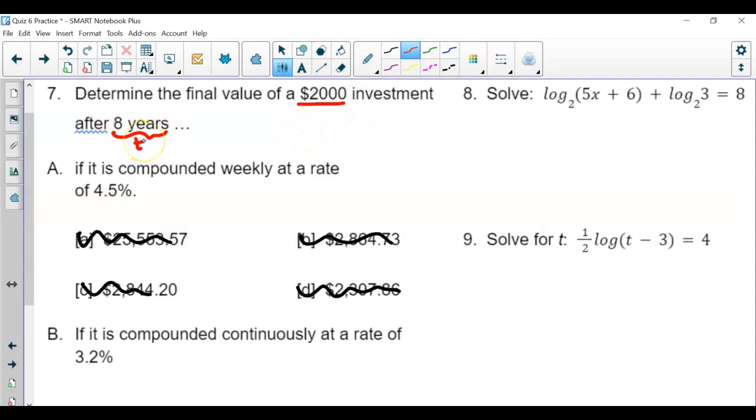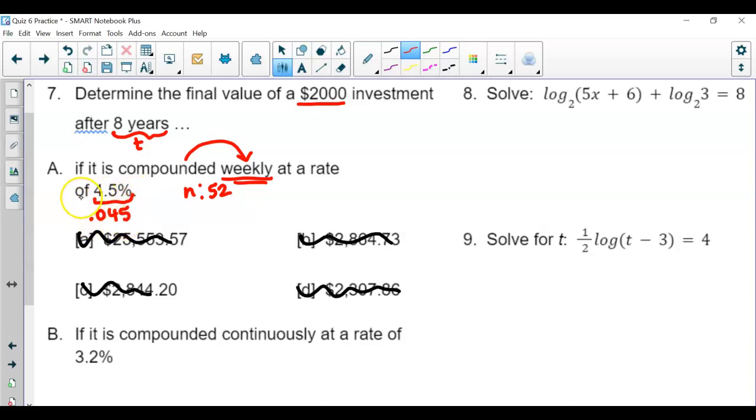So that's our time. Now, if it's compounded weekly, so notice how we're compounding weekly, which means this is a value for n, which weekly is 52 because there's 52 weeks in the year. At our rate of 4.5% or 0.045, right?